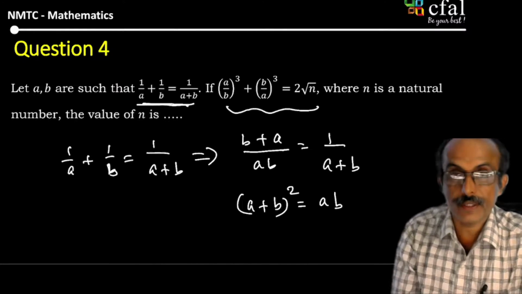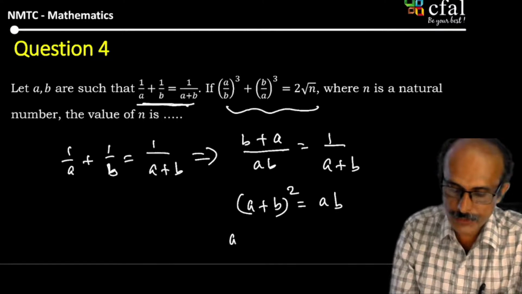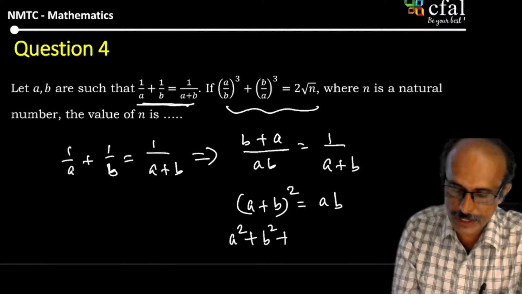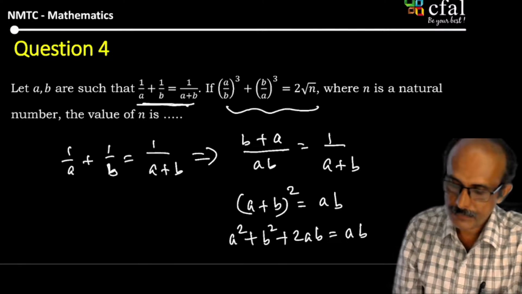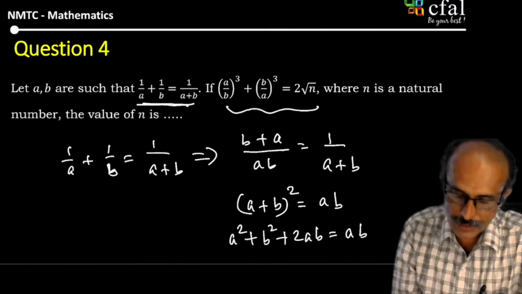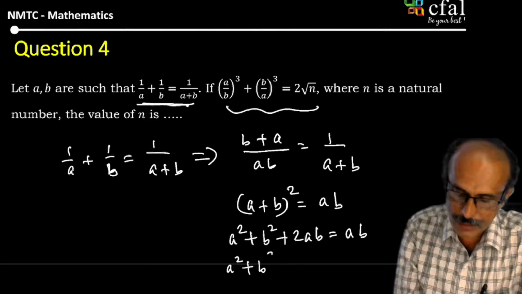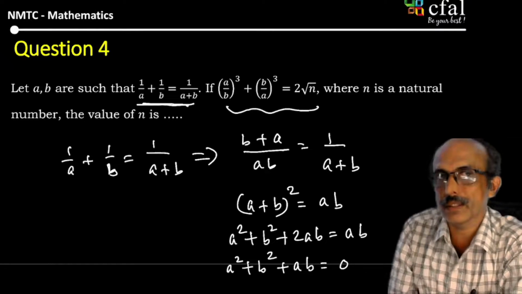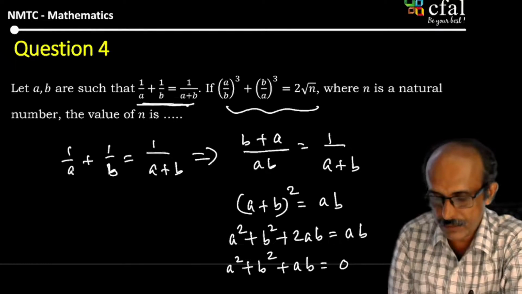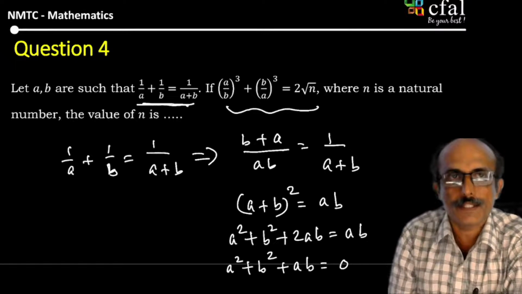Let us simplify this further. So a^2 + b^2 + 2ab = ab, and hence we get a^2 + b^2 + ab = 0. So that is the information we collect from the given hypothesis.